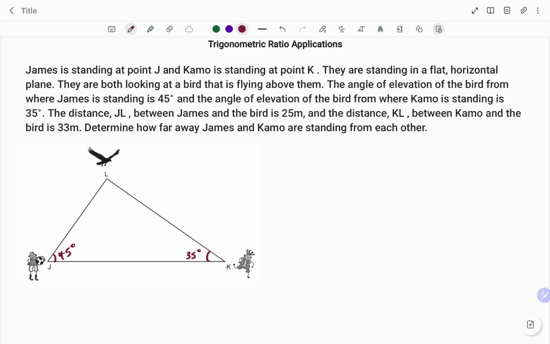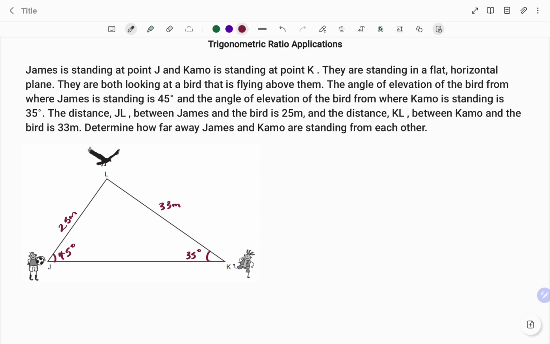The distance JL between James and the bird is 25 meters, and the distance KL between Camo and the bird is 33 meters. We are to determine how far away James and Camo are standing from each other.